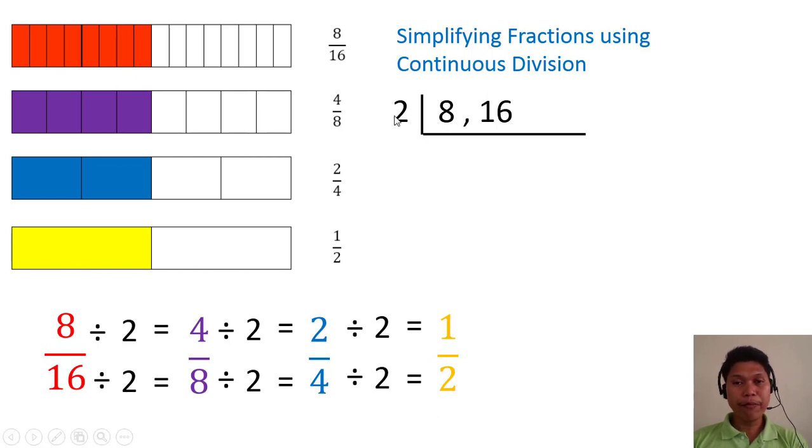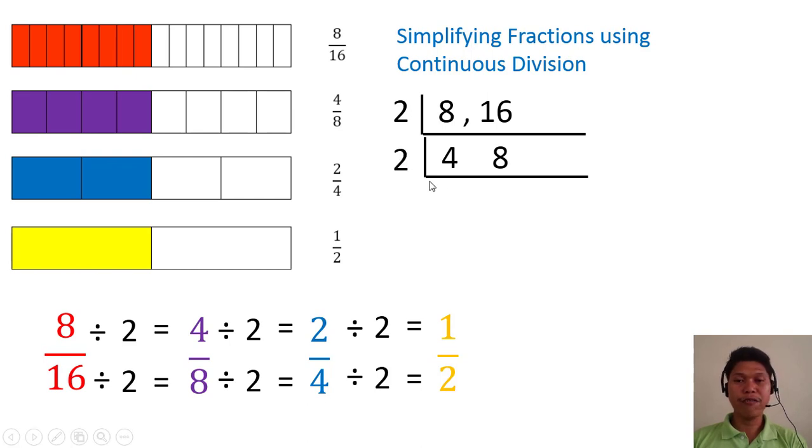Okay, so 8 divided by 2 is 4 and 16 divided by 2 is 8. Or in other words, hahanap ka ng number na pwedeng i-multiply sa 2 para maging 8 or maging 16. So pwedeng 2 times 4 equals 8 and 2 times 8 equals 16. Then ang 4 and 8 pwede pang ma-divide, which is 2.